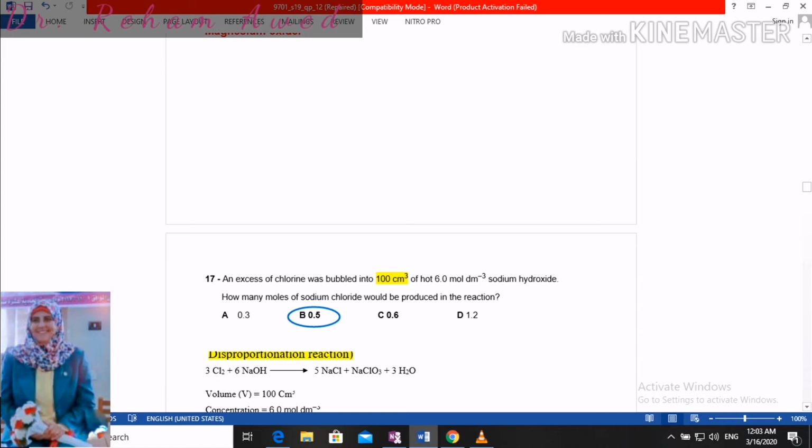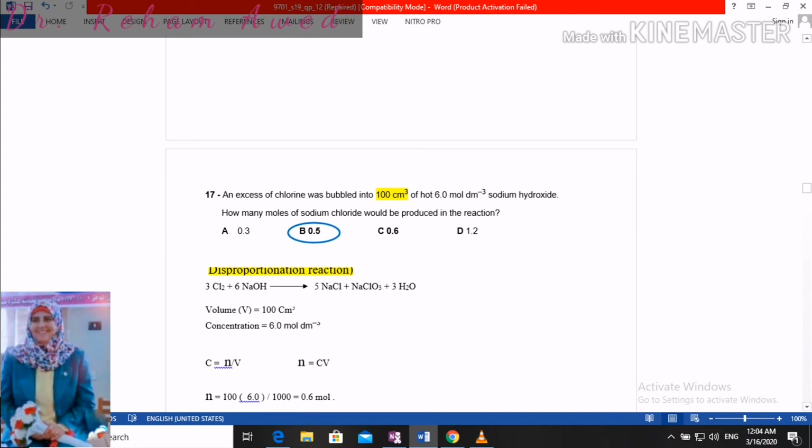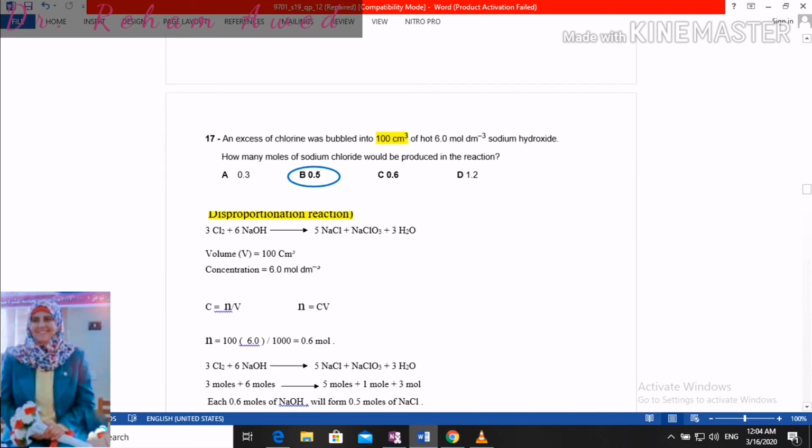We have specific information in our reaction. Our volume is 100 cm3 of the sodium hydroxide solution and its concentration is 6 mol/dm3. Of course, we want to calculate the number of moles, n equals CV, concentration times volume. So we have 100 cm3, and we convert it into dm3 by dividing by 1000, times our concentration, 6 mol/dm3.